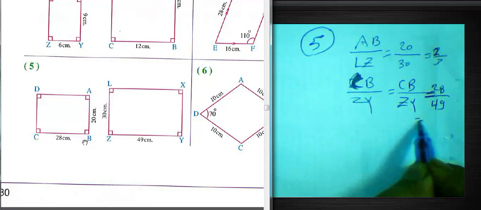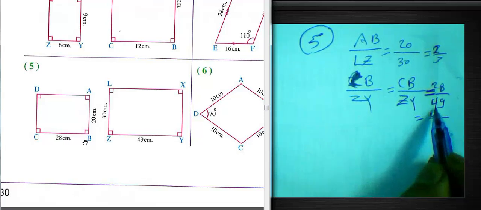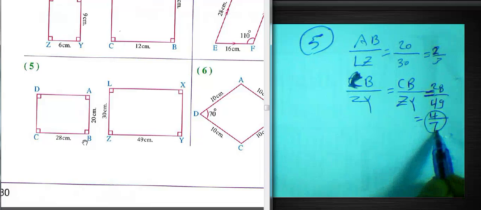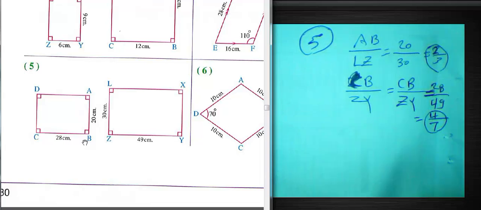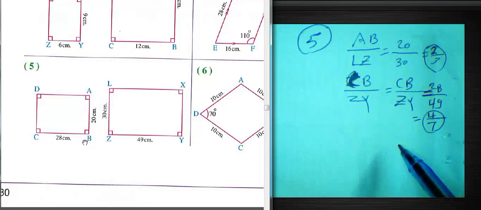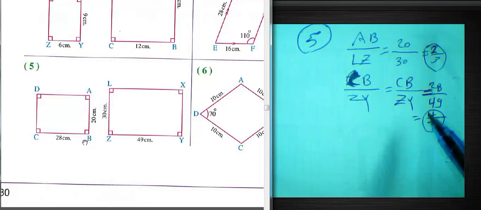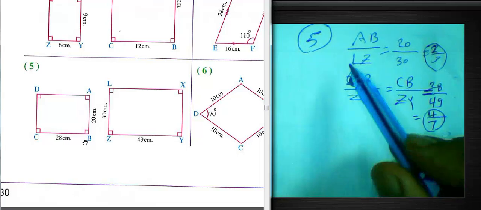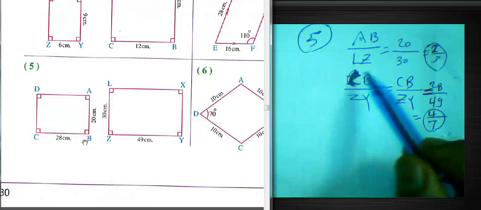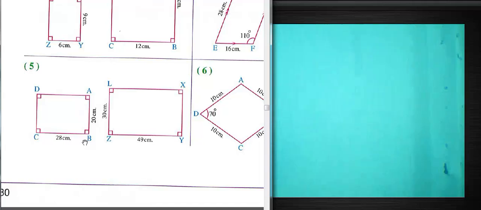We can divide it by 7. 28 divided by 7 equal 4. 49 divided by 7 equal 7. Oh, it's not equal. We haven't the proportional here. So two rectangles not similar. Okay, because the ratio AB over LZ not equal to CB over ZY. It's easy for you.